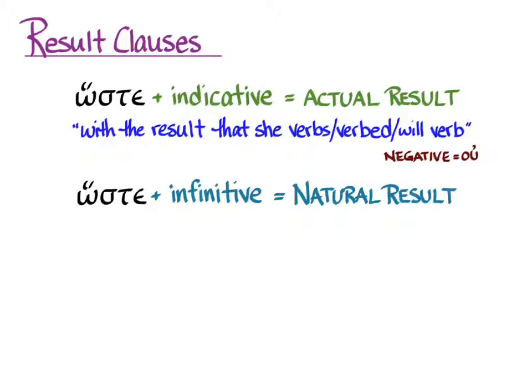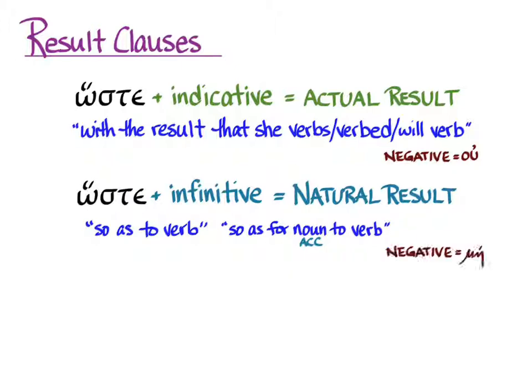So the default translation for a natural result clause is so as to verb, or so as for a noun to verb. And if you give a subject to the infinitive, that noun will be in the accusative case. Since this is an action that we're not sure is going to happen, or is simply a likelihood but isn't an actual fact, the negative of a natural result clause is me.